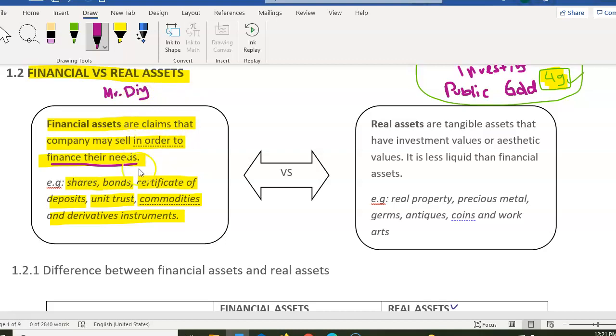So Mr. DIY wants to increase dia punya fundraising. So dia nak cari dana yang agak banyak. Apa yang dia buat adalah pada tahun 2020, dia issue shares. So dia listed kan syarikat dia di Bursa Malaysia dan dia issue shares dekat all the investors out there lah.